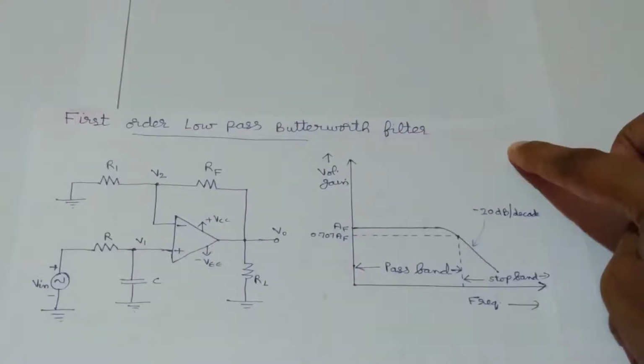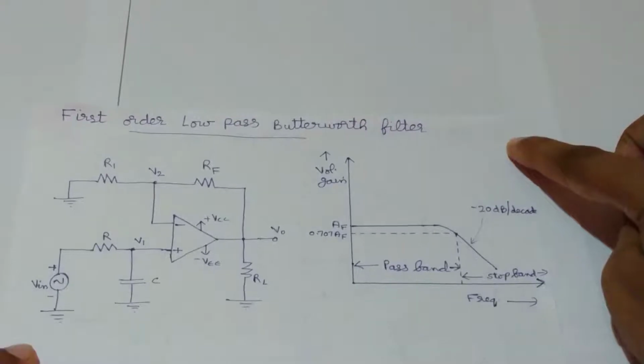Then we know the most commonly used filters are low pass filter, high pass filter, band pass filter, band reject filter and all pass filter. And here we have to study first and second order low pass and high pass filters, then band pass and band reject filters. Let's first study the first order low pass Butterworth filter.